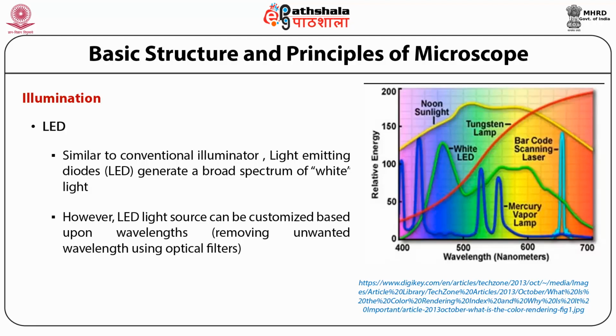And in this graph we can see the wavelengths that are available. The red represents the tungsten light, and with the relative energy we see the tungsten lamp produces all the wavelengths but has higher energy at the higher wavelengths. Mercury vapor lamp also has a range of white light, but the relative energy peaks at specific wavelengths.